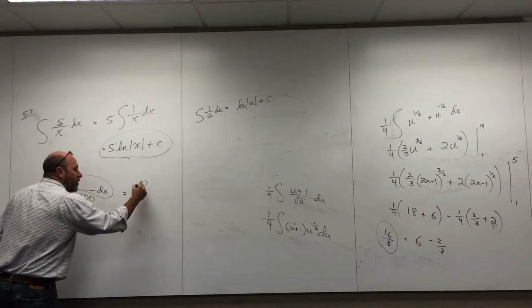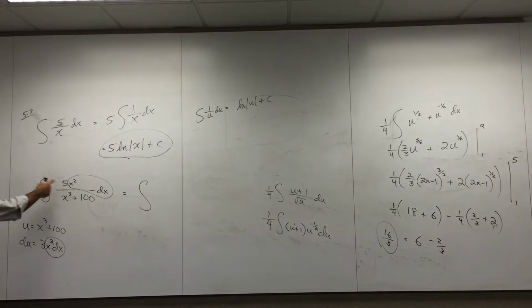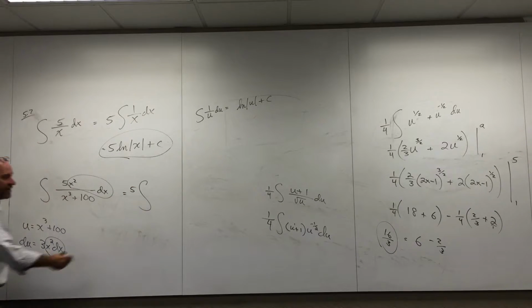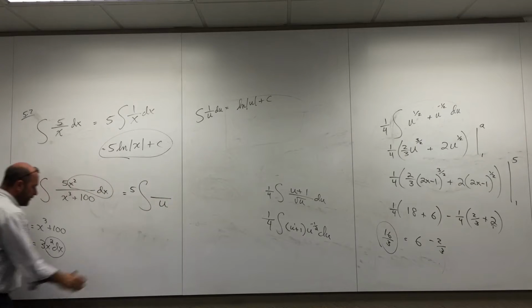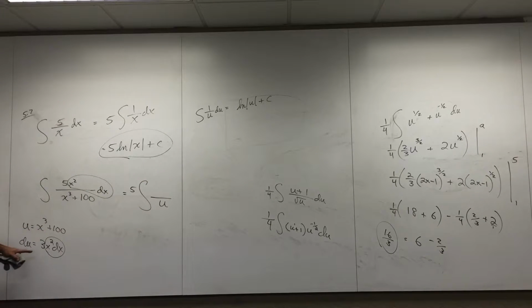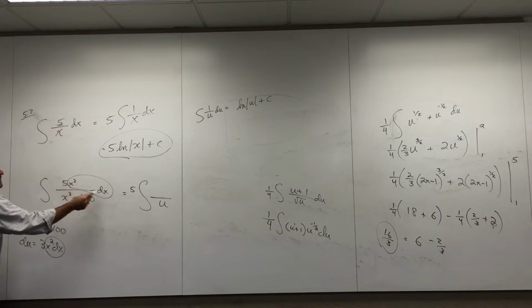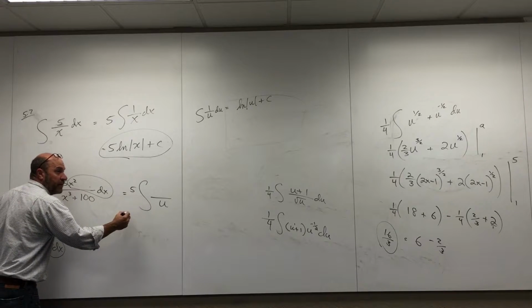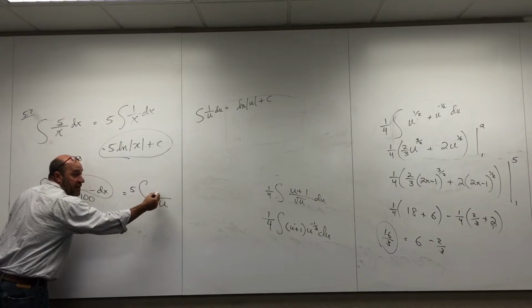Here we go. I'm replacing this integral now. The 5 I'll pull out front. What about that denominator? The denominator is a u. And what about that circled stuff that I call x squared dx? What is it? Oh, it's right here. It's 1/3 du. Okay, so how do I replace it? I'll put 1/3 du right here.